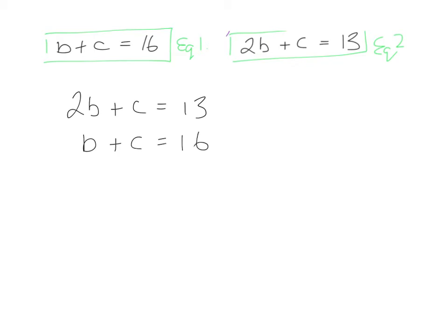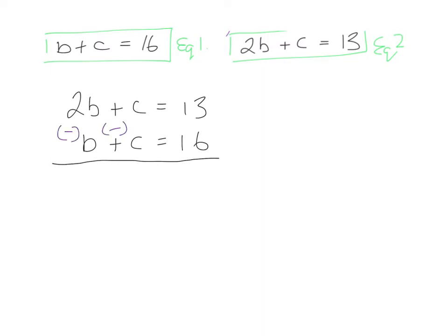Now in order to solve simultaneously, we need to underline along here. Now I need to make this c a minus so that I can cancel my c's. So I just multiply across by a minus. I might just put a minus sign there so it doesn't cause any confusion.